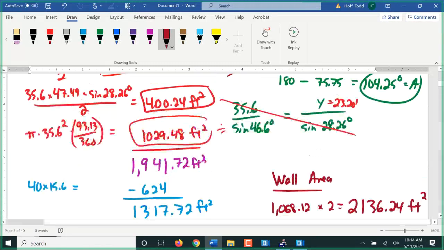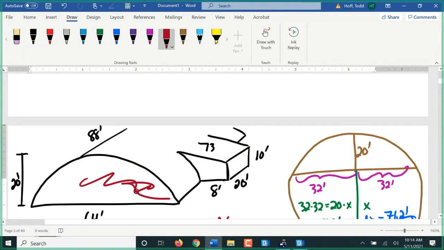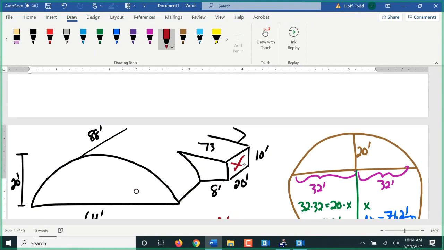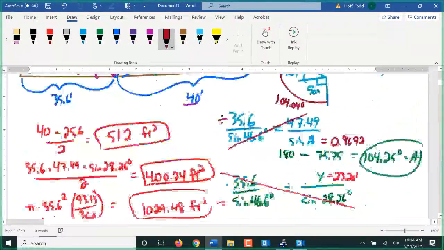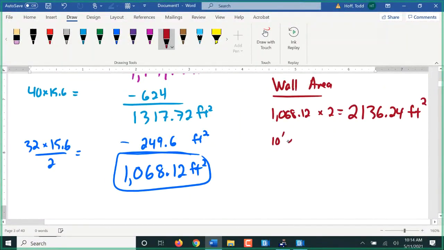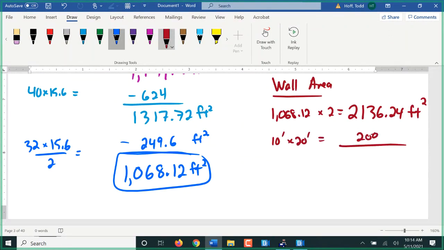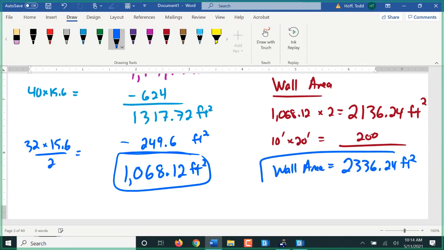There's two of those because there's a wall here, that's this and this, and there's one on the other end that's exactly the same. We have to add in this 10 by 20 wall over here. Of course, 10 by 20, 200 square feet. We add that in to get 2,336.24 square feet of our total wall area. So there's part of our problem. We actually have half of it done. We got the radius and we got the wall area.